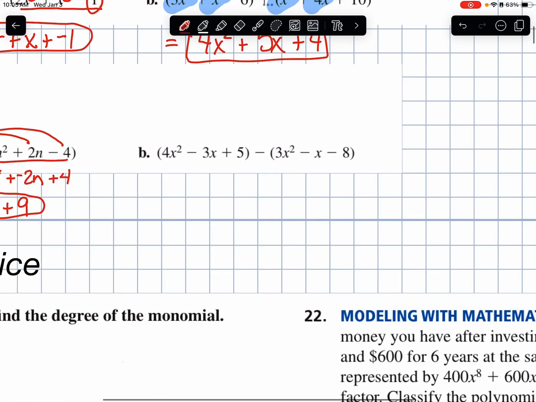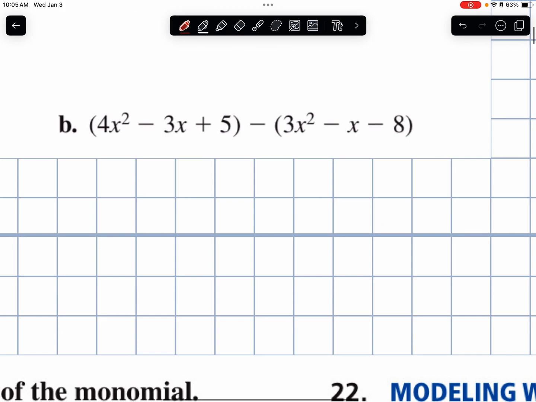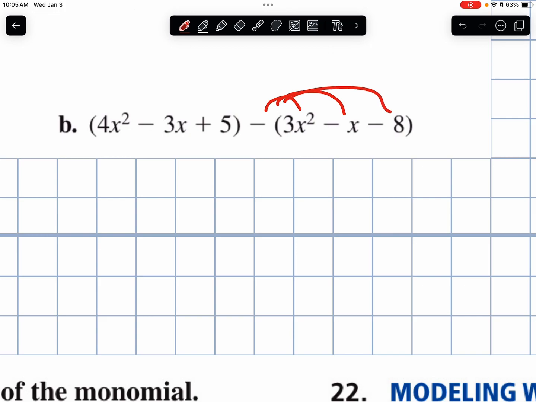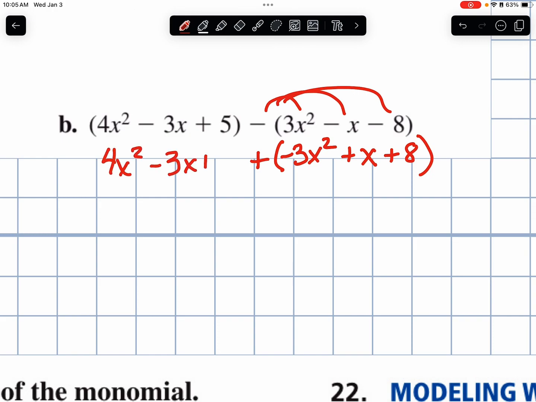Example B, same thing. I'm going to subtract. So let's start by looking at the minus sign and distribute that minus sign so that this becomes an easier problem to do. Again, change the sign of everything. Now we start looking for things that are common.